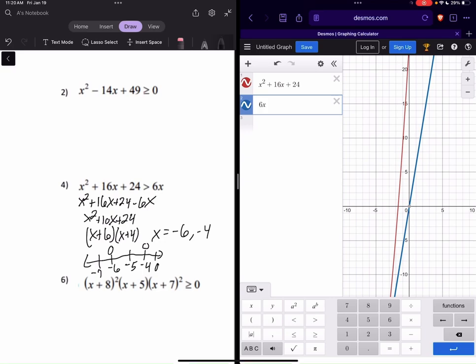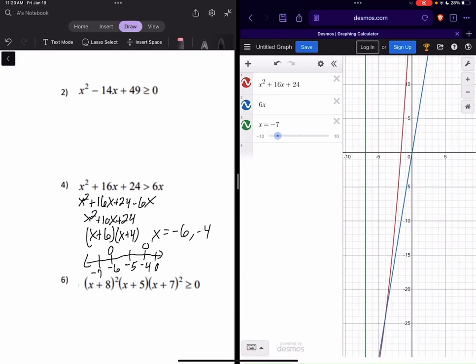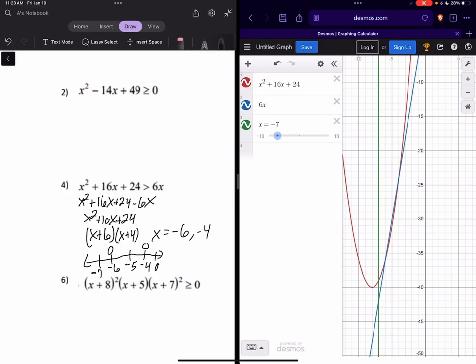Here's both of our lines. We're going to look for where the red line is higher than the blue line. So, down below, x equals -7. If I scroll down, the red line is higher than the blue line. So this is accurate.